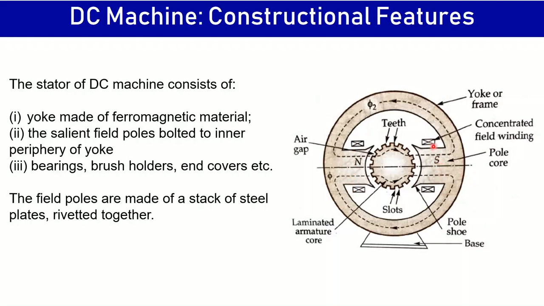So when the field current flows in this winding, a magnetic field is created in the air gap. The stator also carries the bearings, brush holders, end covers, etc. These field poles are made of a stack of steel plates which are riveted together.